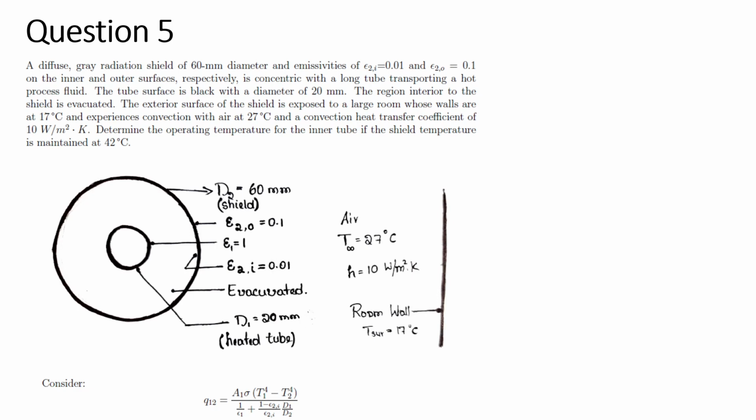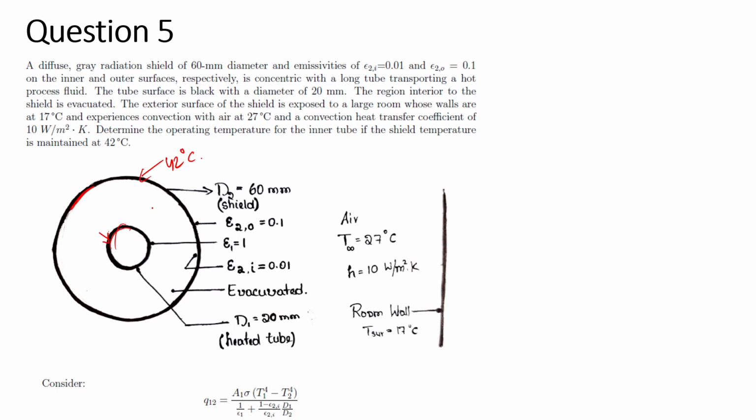So we have been given the system of concentric cylinders, and for that we have been asked to find the temperature of this inner tube, if the shield temperature is maintained at 42 degrees Celsius. Both the inner as well as outer surfaces of this outer cylinder will emit radiation. We have also been given that the object is a diffuse gray radiation shield.